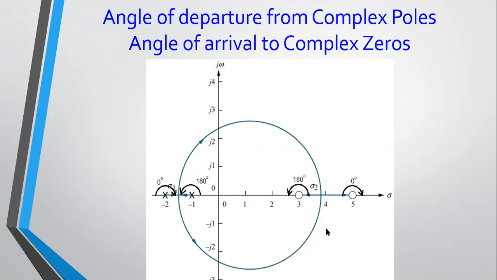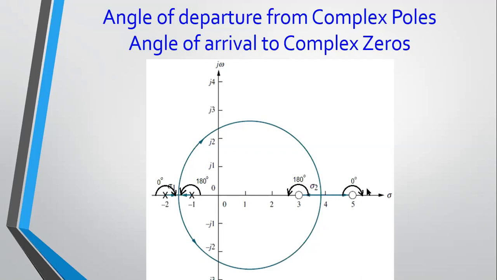If you look at the angle of arrival to this particular zero at s equal to minus 3, we can see it's moving into it from right to left, so the angle of arrival to this zero would be 90 degrees. And the angle of arrival to this particular zero here is going to be from left to right, so it's going to be 0 degrees.